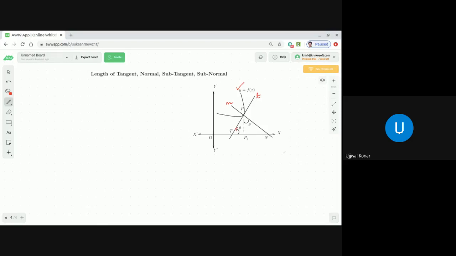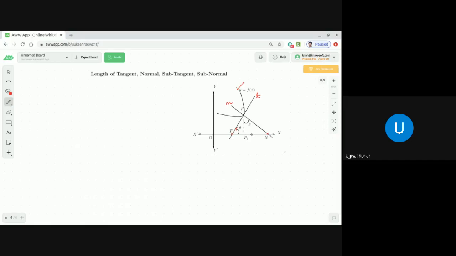Okay, and that tangent intersects the x-axis at the point T, and the normal to the curve y equal to f(x) intersects the x-axis at the point N. So then we get these points also.